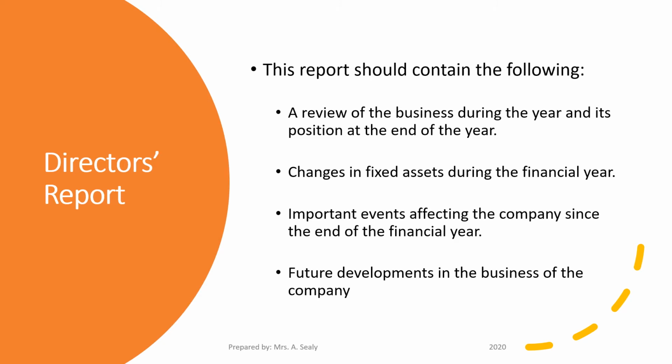They will also look at important events affecting the company since the end of the previous financial year. They will look at those important events that would have affected the company during the financial year.